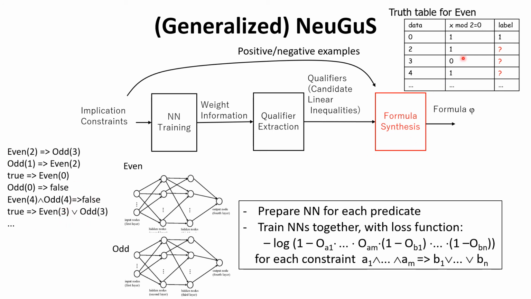So for those data, we trust the output of neural networks and use that for the formula synthesis. So once we trust the output, then the problem of formula synthesis is just an ordinary Boolean function synthesis problem. Okay? And then we can find formula phi. That's it.